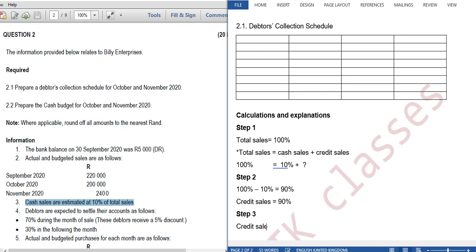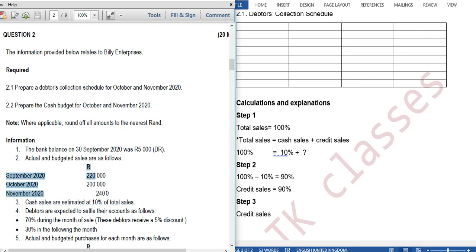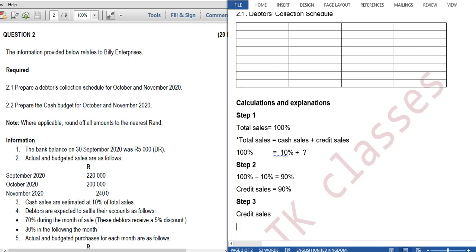Under step 3, we want the credit sales for September, October and November. So this is September. We are simply going to say our total sales are 220,000.